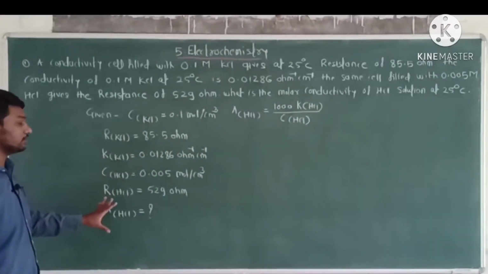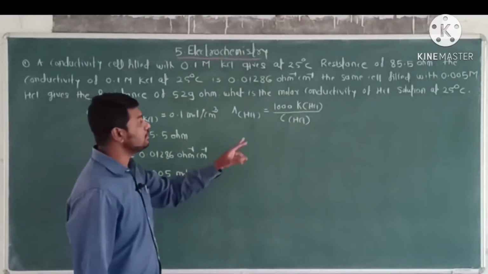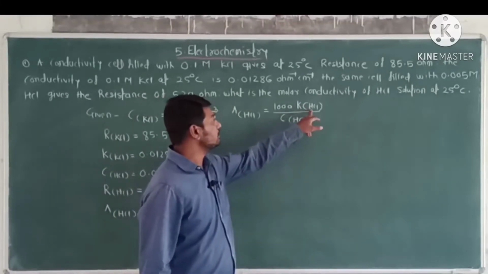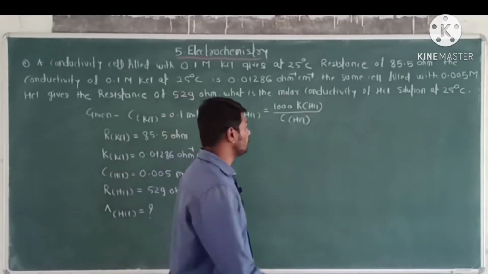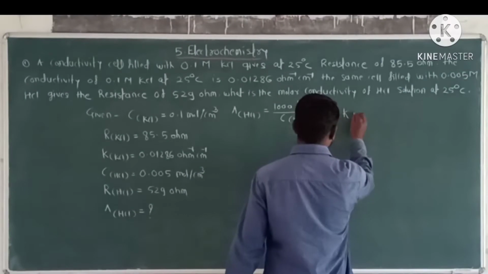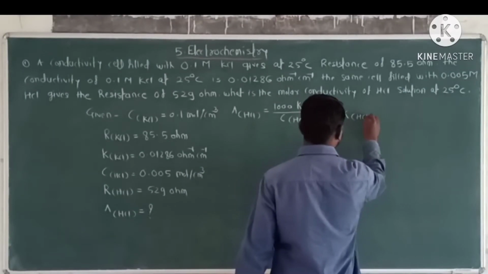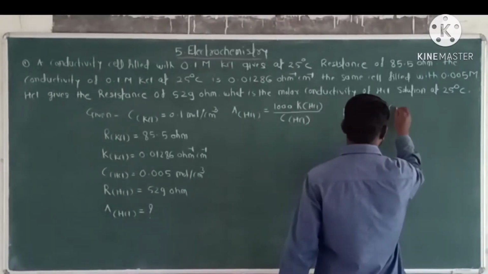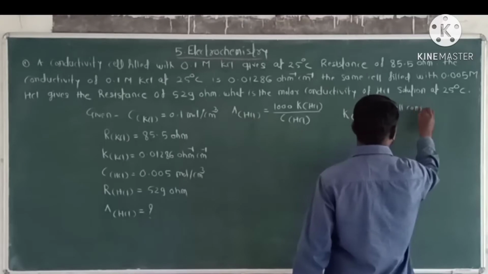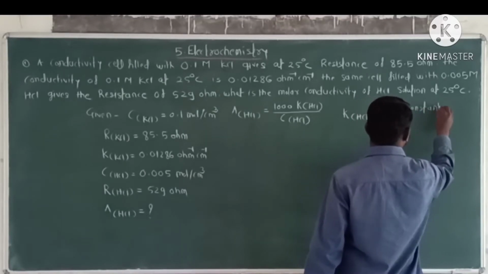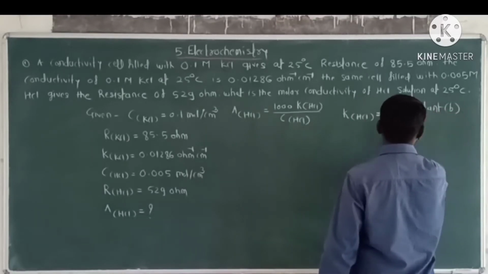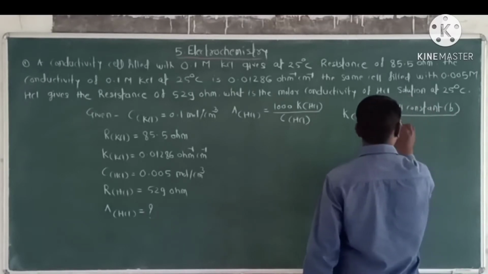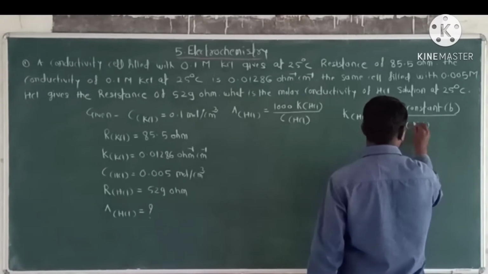So first of all, calculate the conductivity of the HCl solution. The formula is: conductivity of HCl solution is equal to cell constant, that is b, divided by the resistance of HCl solution.